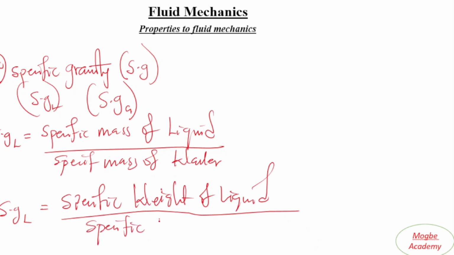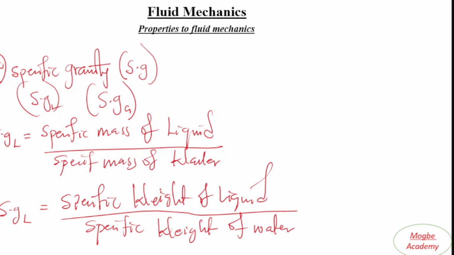This is the formula you use to calculate the specific gravity of a particular liquid. You are going to be given the specific weight of water, so you calculate the weight of the liquid.